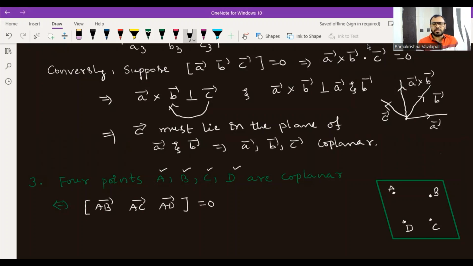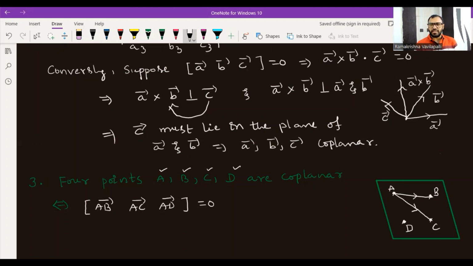Very simple concept. Now you see, so this is the plane. I have taken 4 points on a plane. Now join A with B like this. One vector we got. And join A with C. Another vector we got.